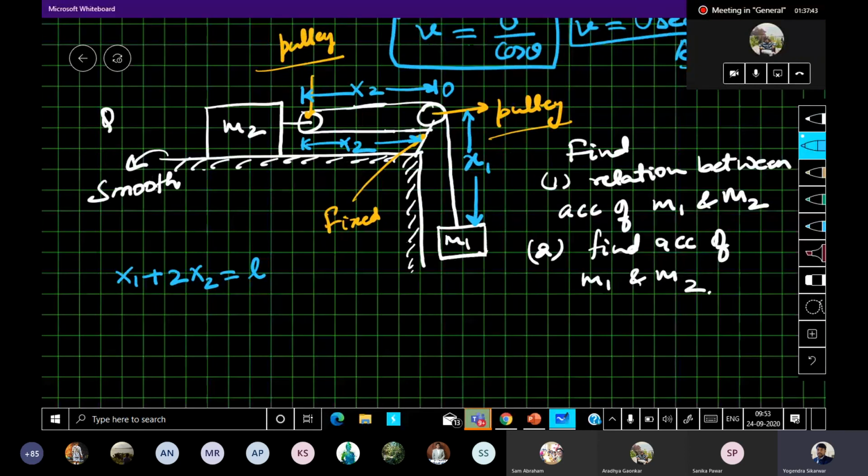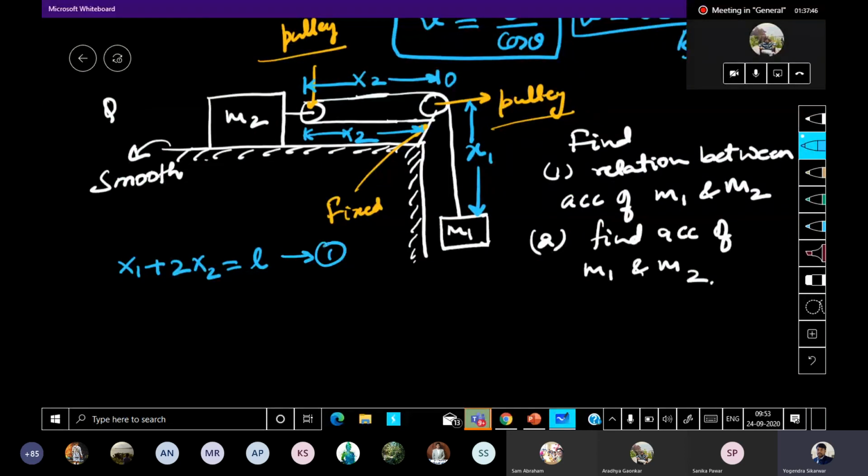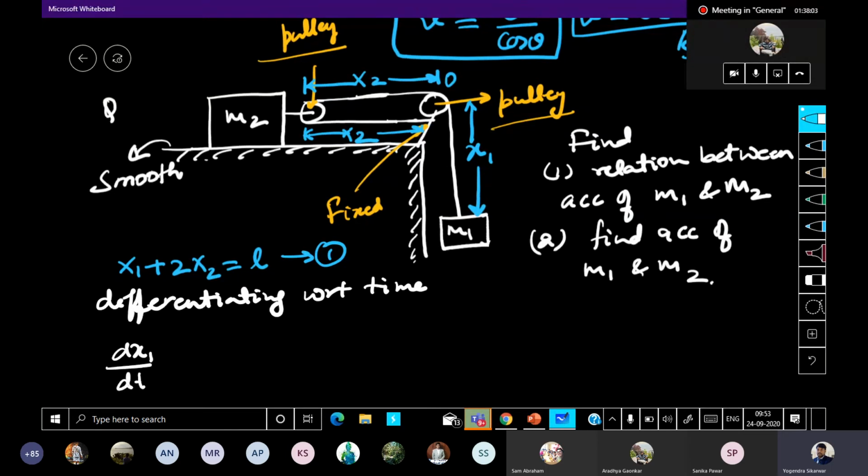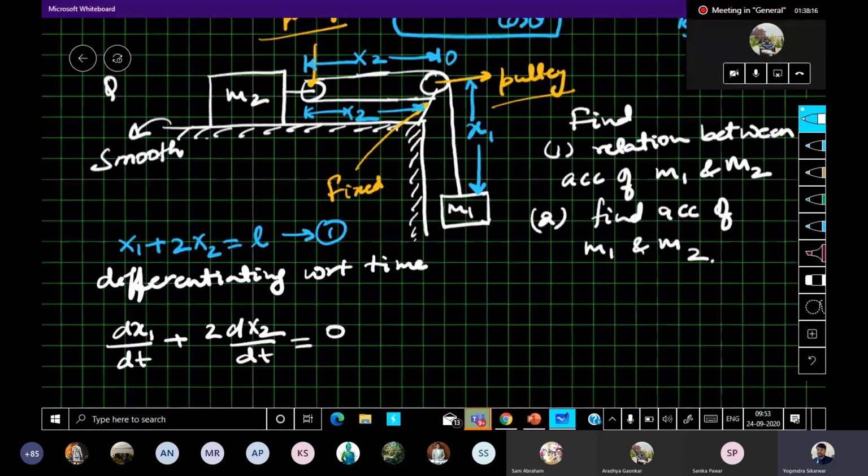All right. Differentiating with respect to time. So dx1 upon dt plus 2 times dx2 upon dt is equal to 0, because the total length of rope is constant.